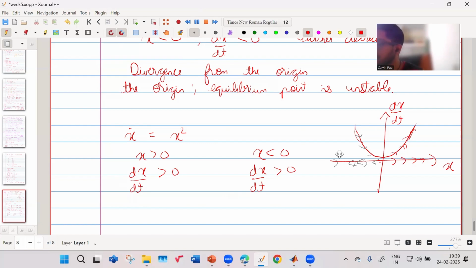It will diverge. So when x is in this part, it is stable. In this part, it is unstable. Basically, we say it is unstable because it is not always going to converge to your equilibrium point.